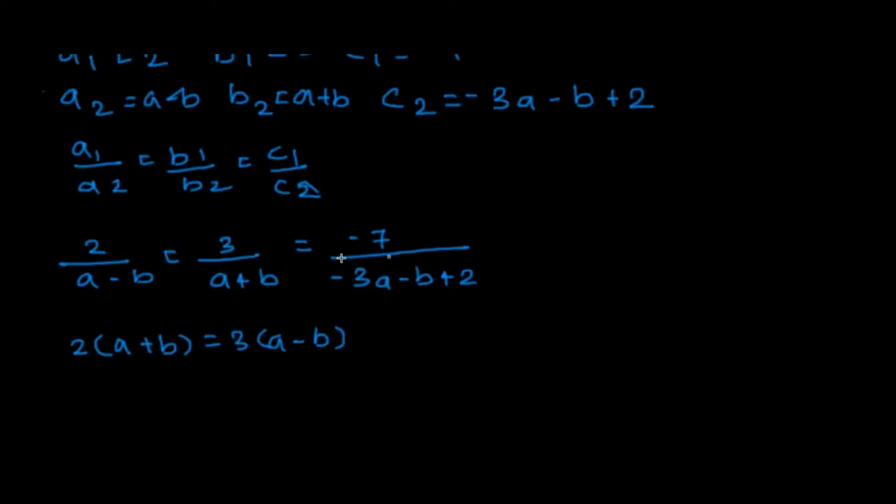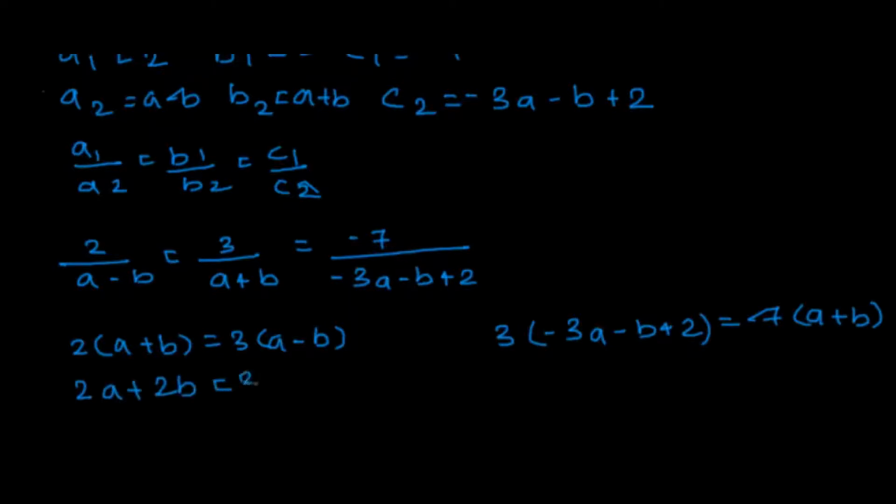When I compare the second two ratios, that is 3 upon a plus b and minus 7 upon minus 3a minus b plus 2, I'll get 3 times (minus 3a minus b plus 2) equals minus 7 times (a plus b). So it will be 2a plus 2b equals 3a minus 3b, and here it will be minus 9a minus 3b plus 6 equals minus 7a minus 7b.